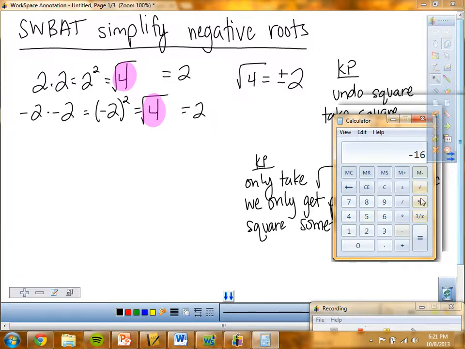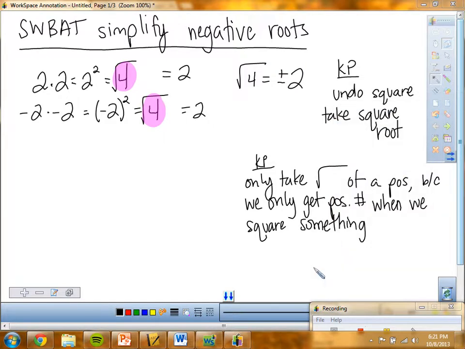So this calculator doesn't know what to do. If you type it into your solar calculator or graphing calculator, you'll get an error. They say domain error. Or some calculators might say DNE, which stands for does not exist. We can't do it.